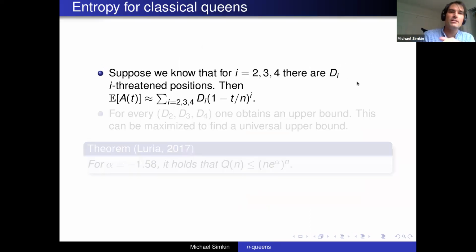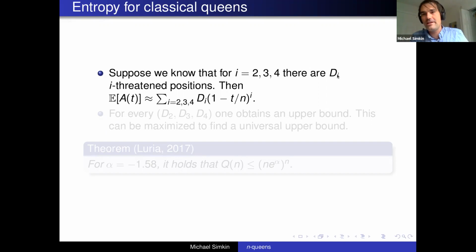But what you can do is, say that I promise you that in a particular n queens configuration, there are such and such positions that are threatened by 4 queens, and such positions that are 3 threatened, and such that are 2 threatened. So I have these variables D4, D3, D2, which tell you how many positions of each type are threatened.